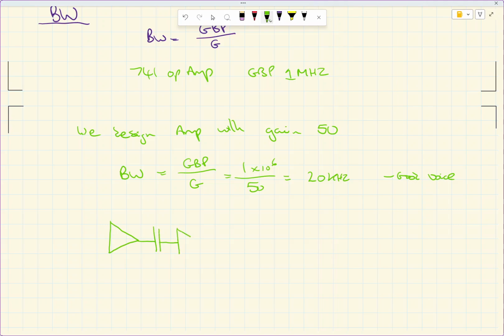We can have 2 amplifiers there, both with a gain of 50, and if we do that with 741s, our bandwidth will equal 20 kilohertz in total, but the overall gain is going to be 50 times 50, which equals 2500.